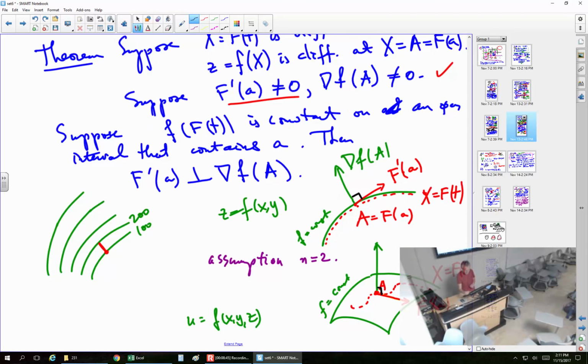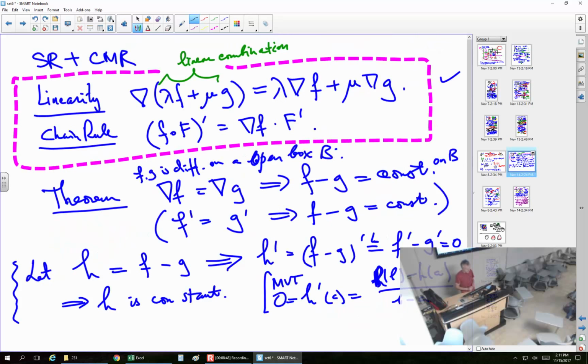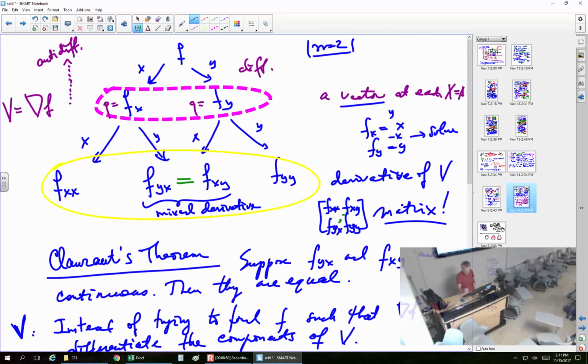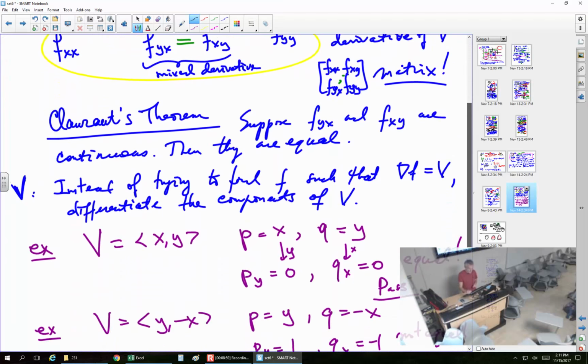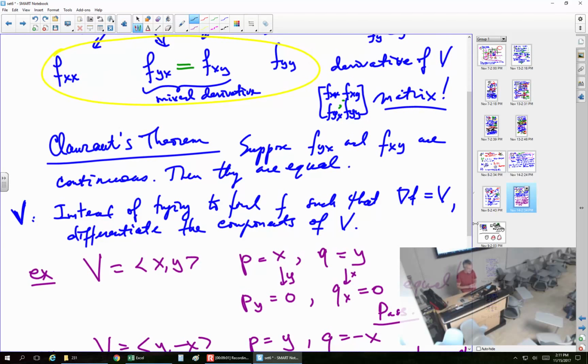Now the next topic is not this, but rather what we just started with: gradient vector fields and Clairaut's theorem about the mixed derivatives. They are equal to each other whenever the function you start with, f, has enough differentiability in it.